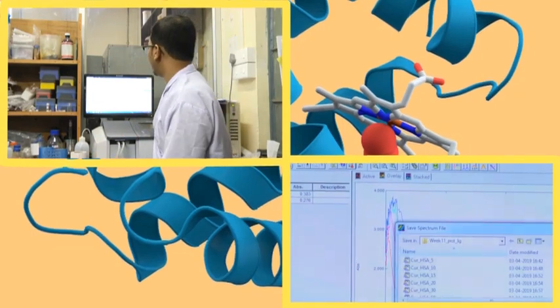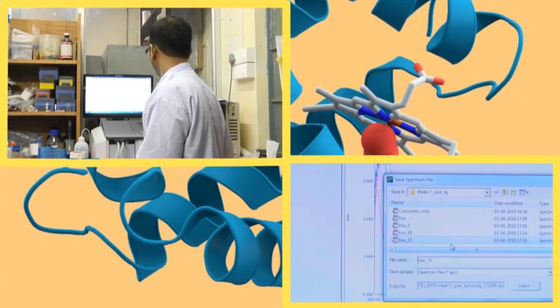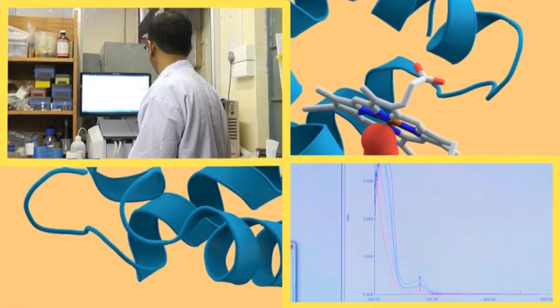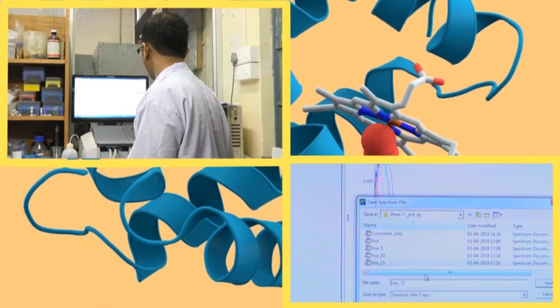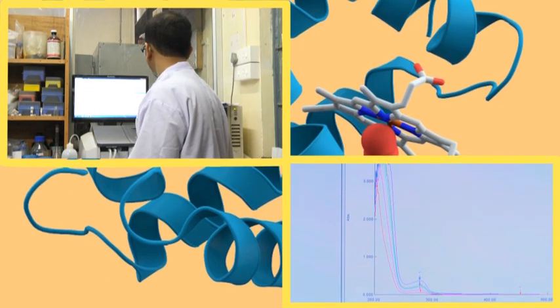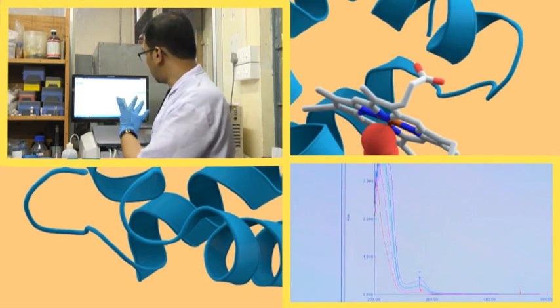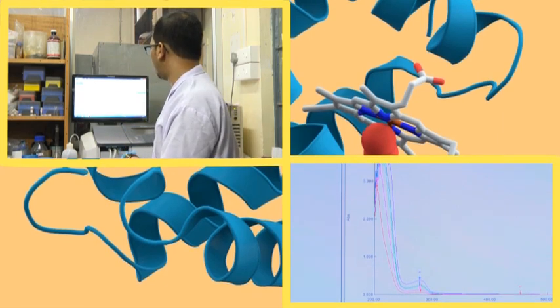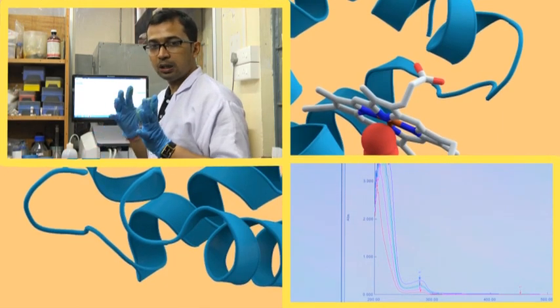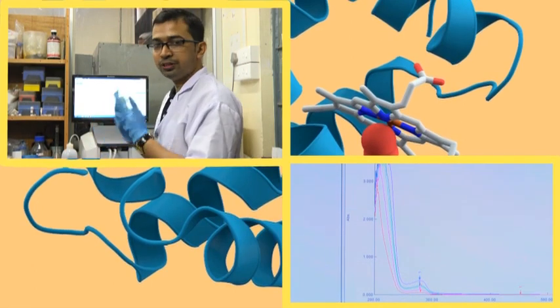Now, I am saving this one as HFA 30. The previous one, I actually have to save also, but I am currently saving this one. I am showing you a small instrumental technique. Suppose you forgot to save any spectra in time; you can save it in a later part.